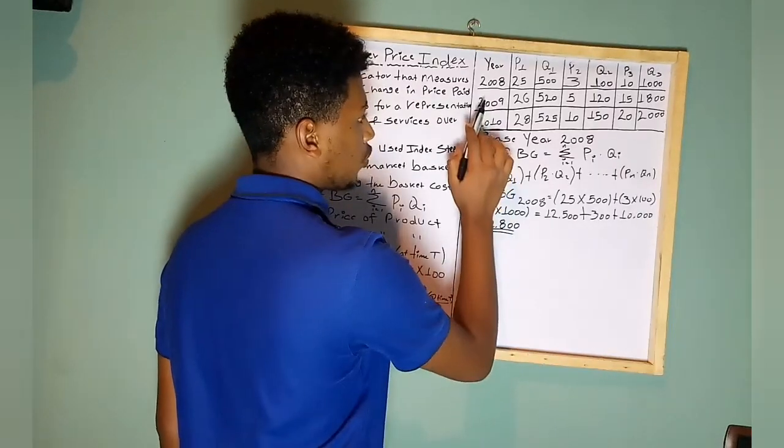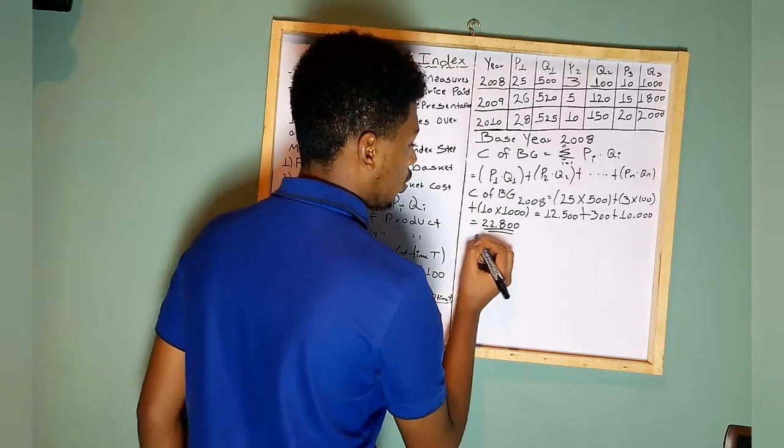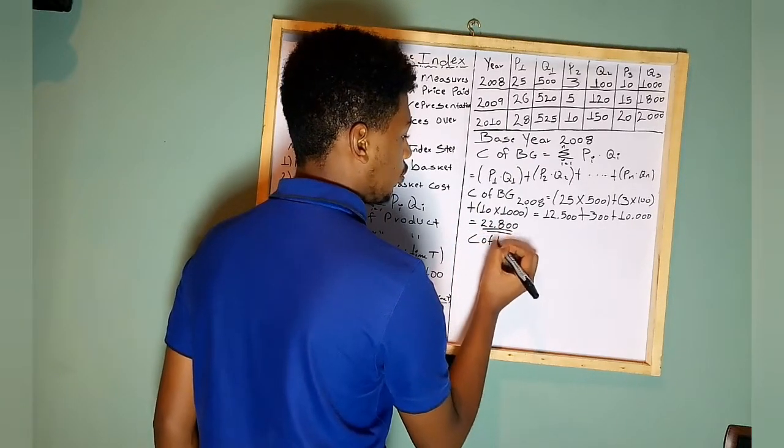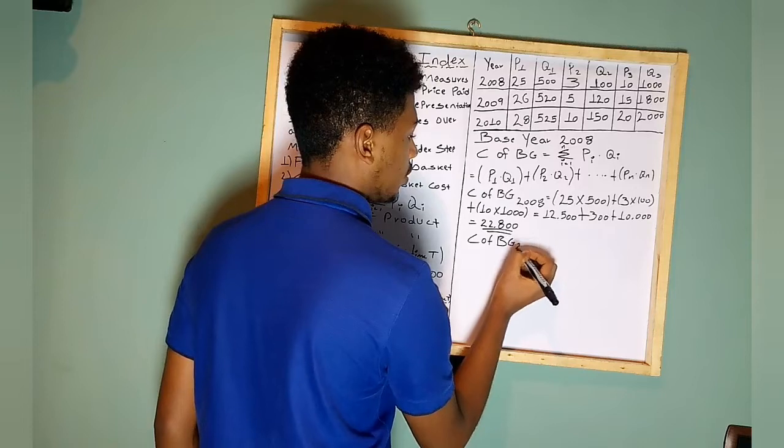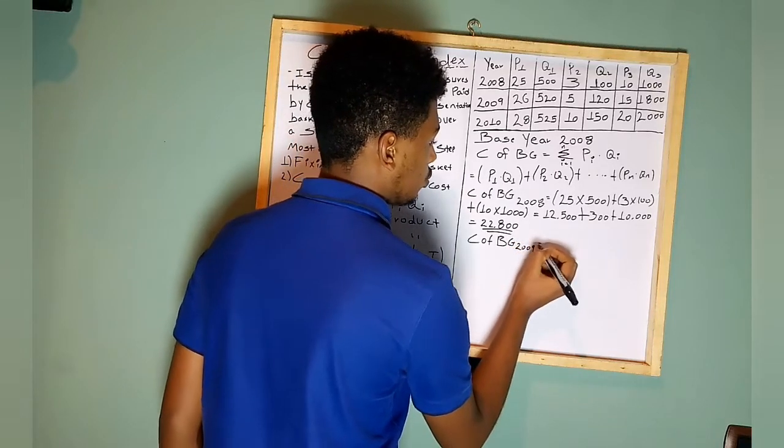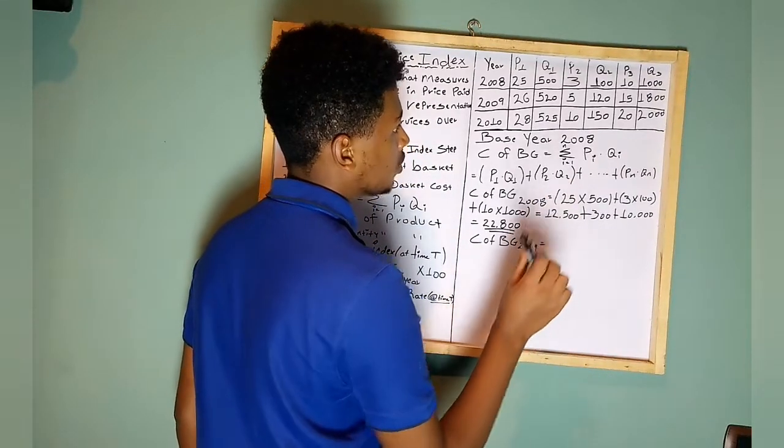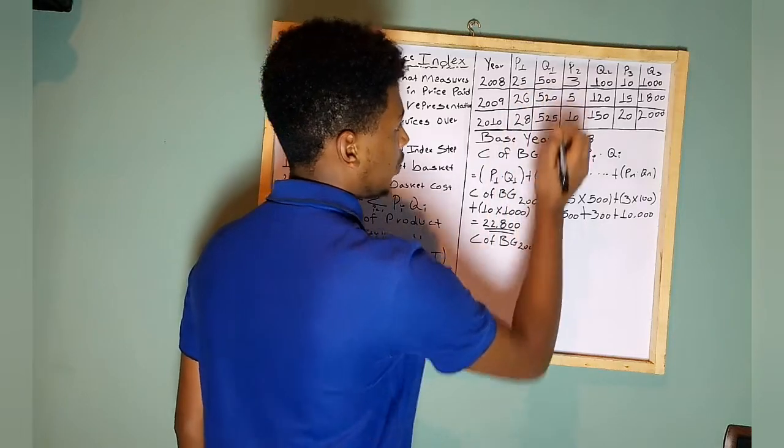Next, we are going to calculate for 2009. Therefore, the cost of BG for 2009, we use the same procedure as this one. It's price 1 multiplied by quantity 1.